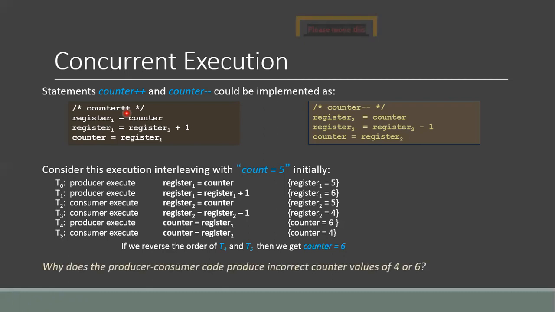Why does the producer consumer code produce incorrect counter values of 4 or 6? Because both processes manipulate the shared variable counter in concurrent fashion.